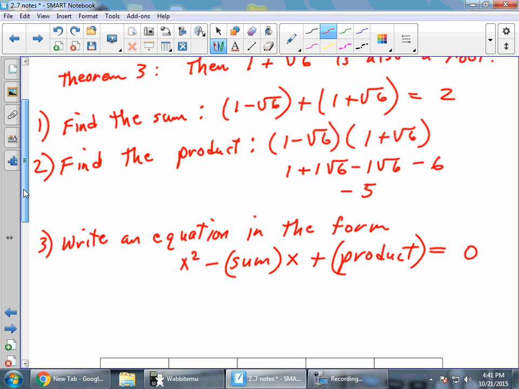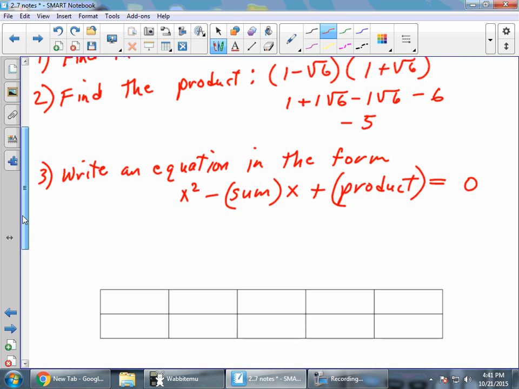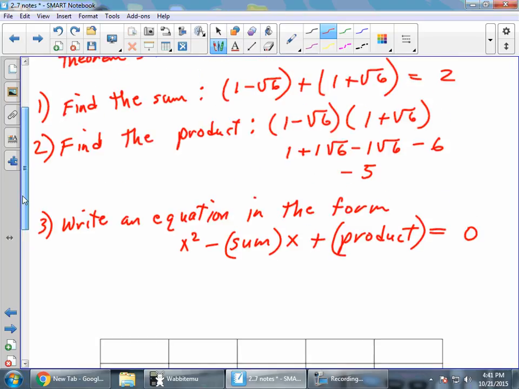Cool. Here's the neat part. From your reading now, you know that I can just write this as x squared minus the sum, which was 2x, plus the product, which is negative 5.